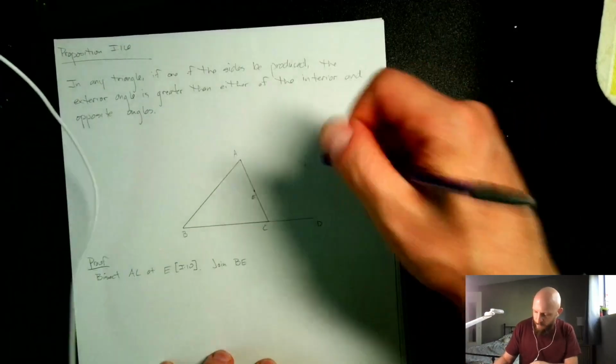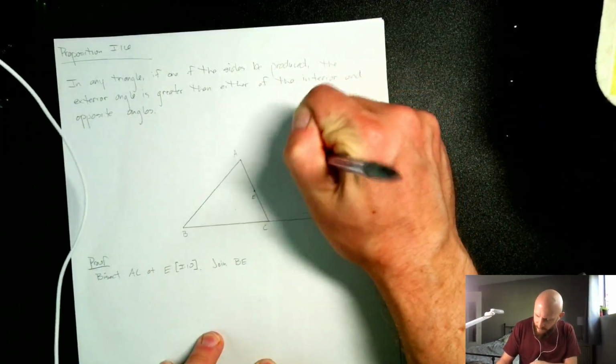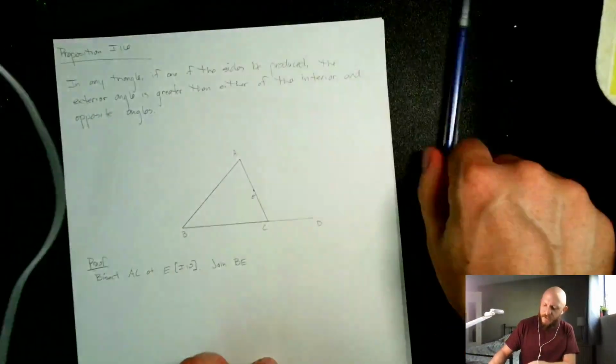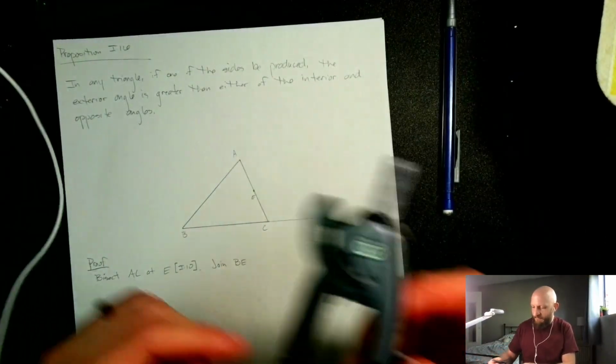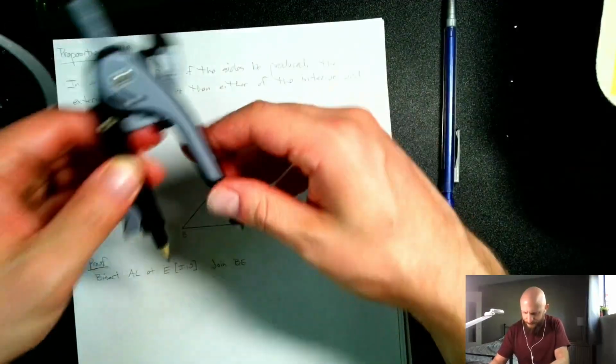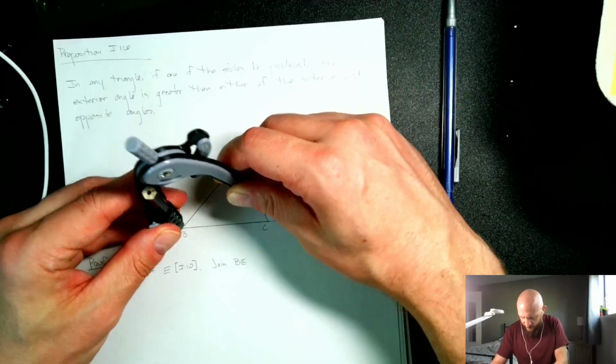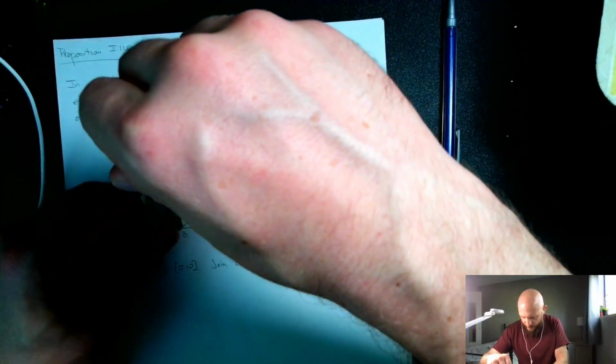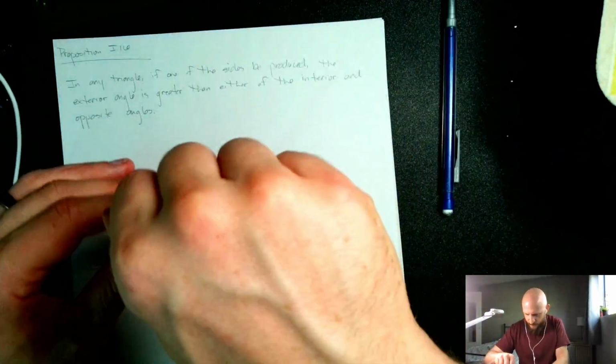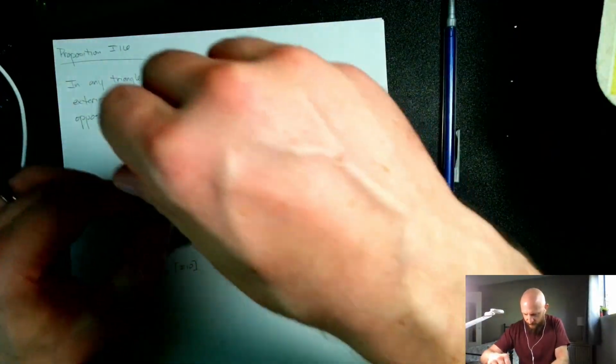In particular, we want to extend BE to a point F such that BE equals EF. So maybe I'll make this full circle, as much of the full circle as possible, at least.